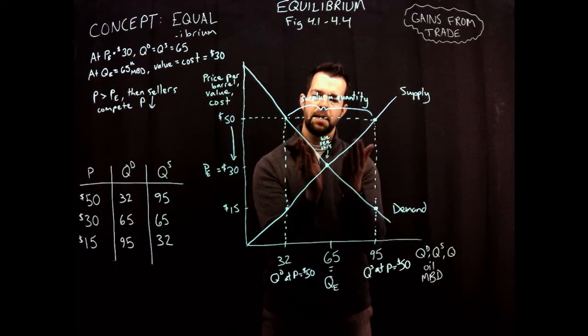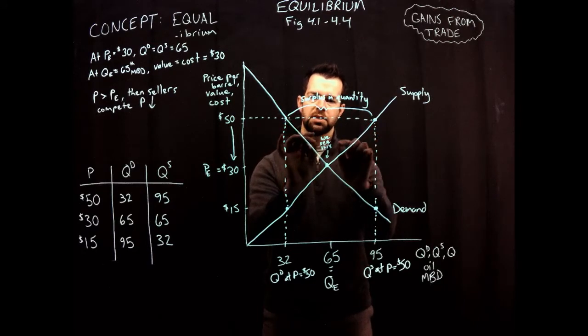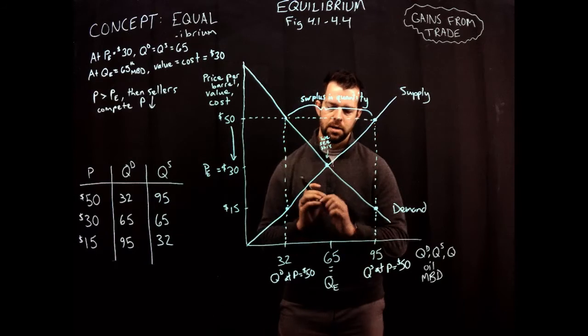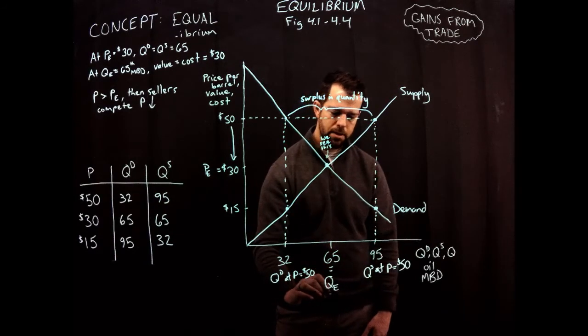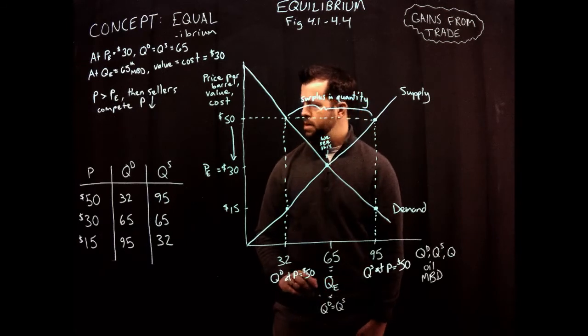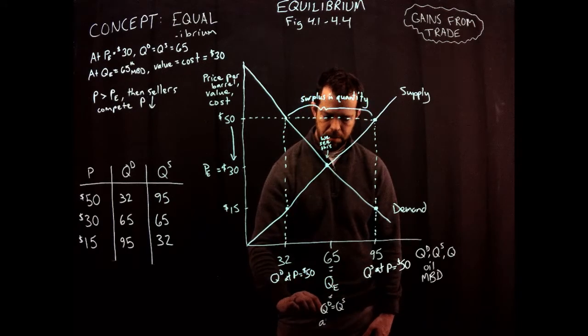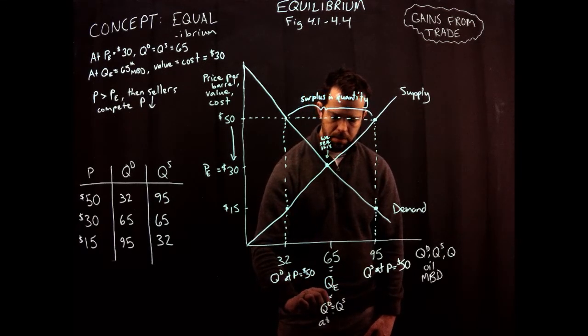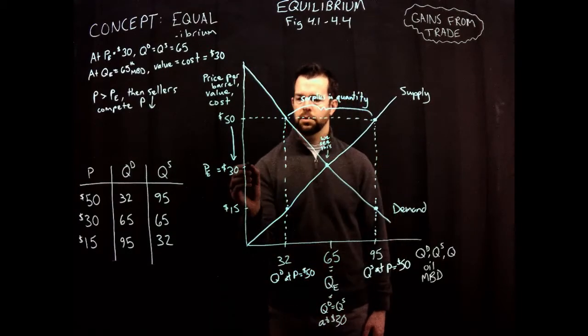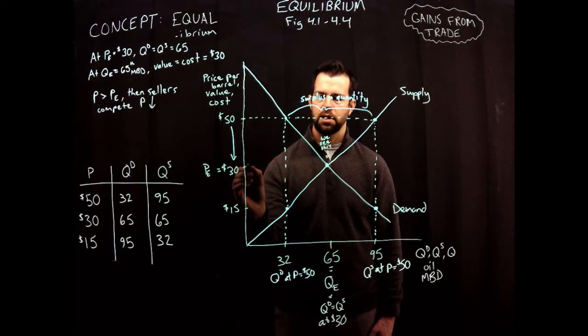As this is happening, the horizontal distance is shrinking until we reach the equilibrium where the quantity demanded equals the quantity supplied. This is occurring at $30. So we know that's the price here.